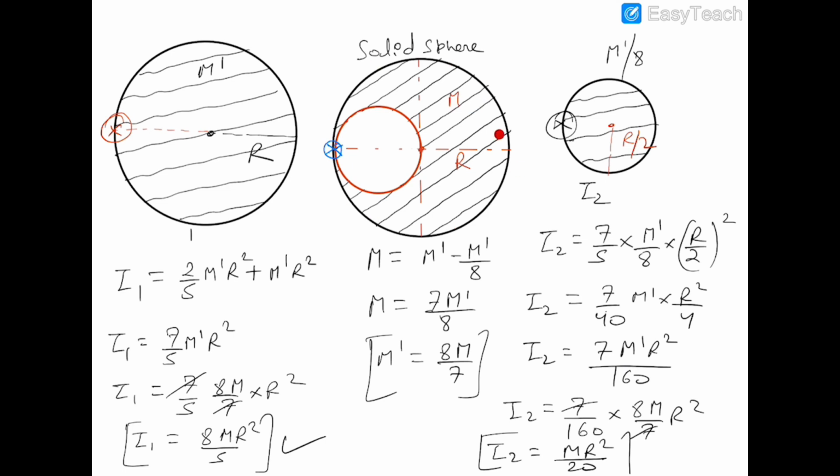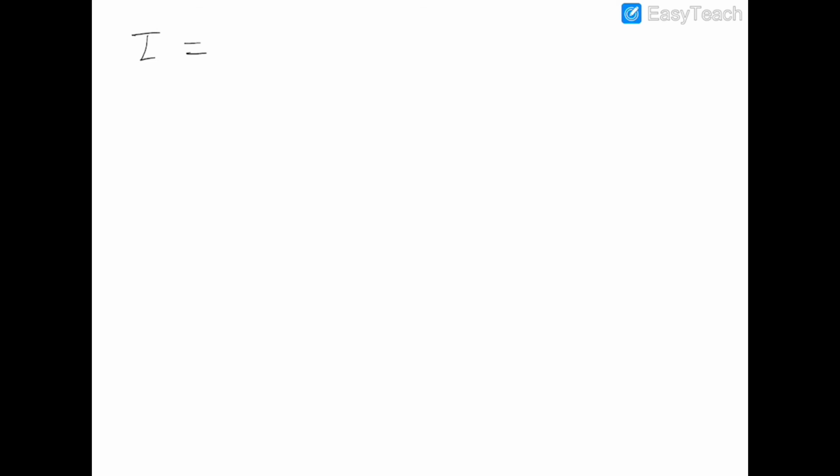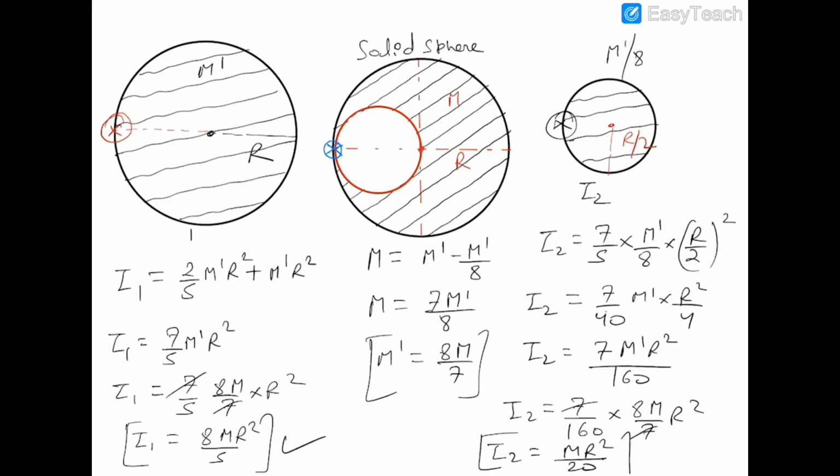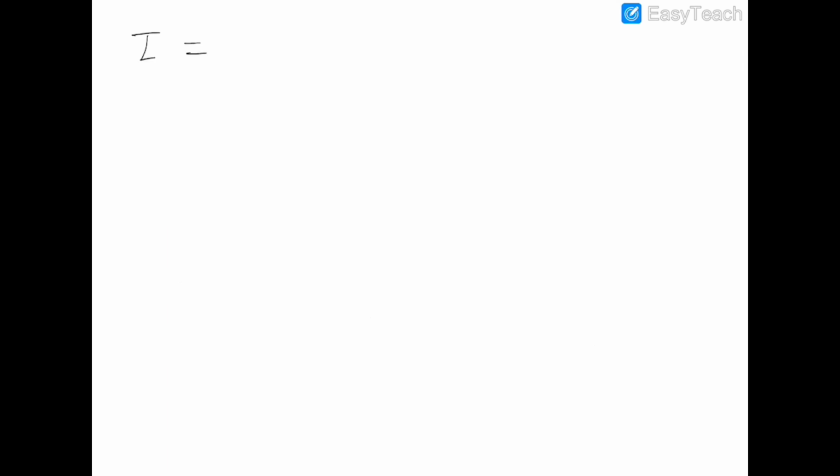So the resultant moment of inertia of this object about this axis would be the difference of the moment of inertia of 1 and 2 about this axis. So it would be 8 by 5 mr square minus mr square by 20, and this would be 32 mr square minus 1 mr square over 20.